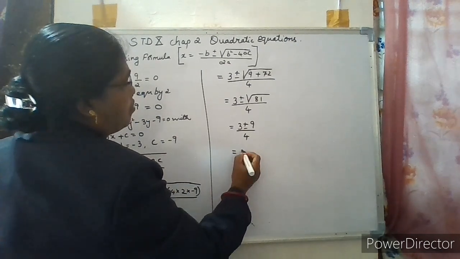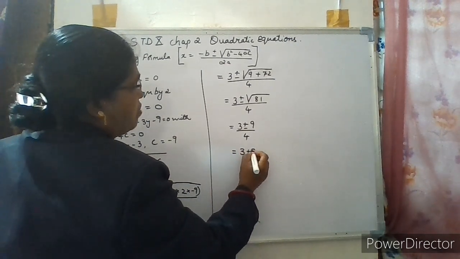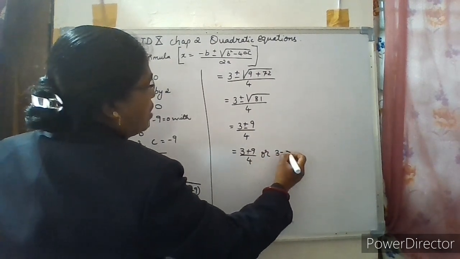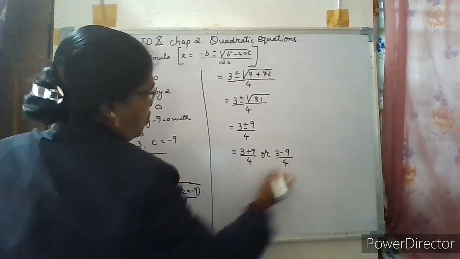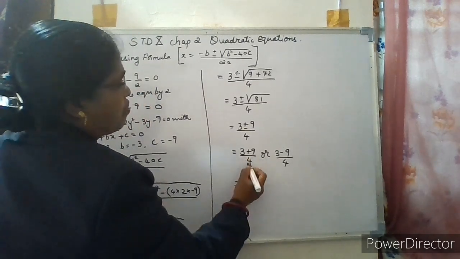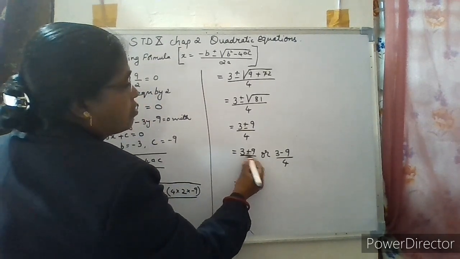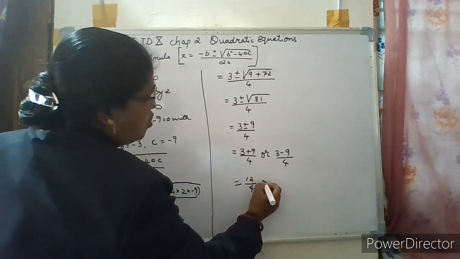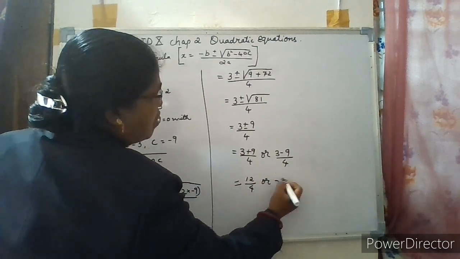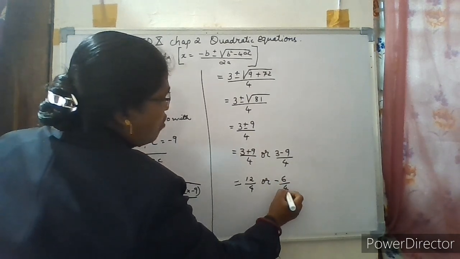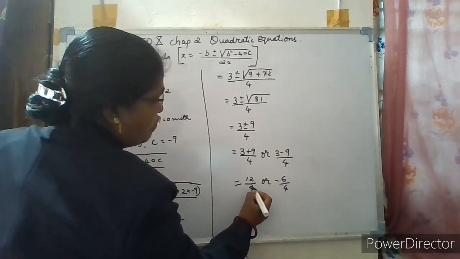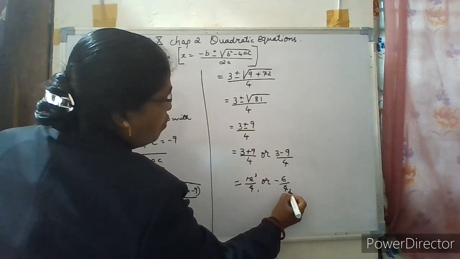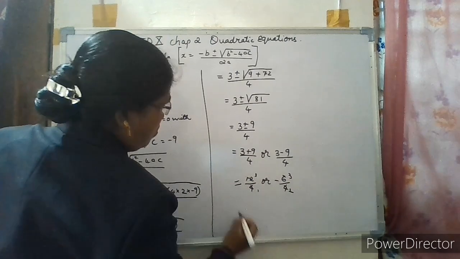So 3 plus or minus root of it is 9 by 4. So y is equal to 3 plus 9 by 4 or 3 minus 9 by 4. Now when we solve it, 9, 10, 11, 12. 12 by 4 we get 3, or it is minus 6 by 4. So when we cancel this, 4 1s are 4, 4 3s are 12, 2 2s are 4, 2 3s are 6.